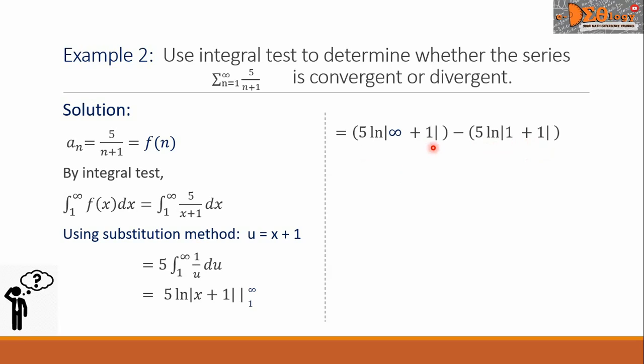In the first group here, the infinity plus 1 will simply be infinity, and the ln of infinity will be a big number. So this first group will just be simplified into infinity minus the second group. 1 plus 1 is simply 2. See here that 5 times the ln of 2 is simply a constant. So infinity minus a constant will simply be infinity.